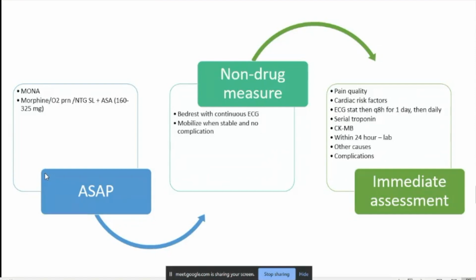Then we take the serial troponin. Why serial troponin? When I discussed heart failure, the best marker was BNP, but when it comes to acute myocardial infarction, don't confuse heart failure and heart attack, they are totally different. Heart failure is a chronic, progressive situation where the ejection fraction goes down and cardiac output goes down.